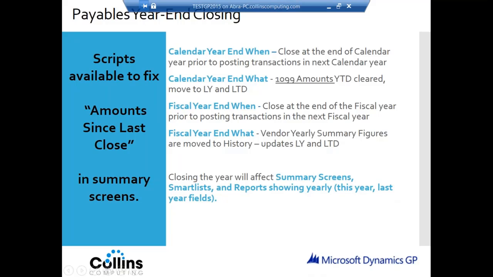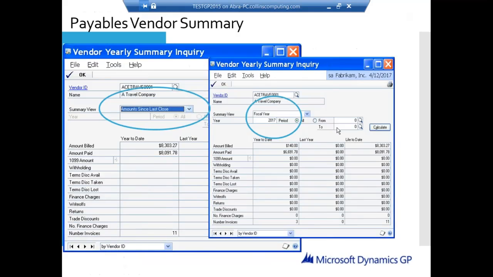So let's just talk about for 1 minute, when you close your year end in payables, the calendar year-end close only moves the 1099 amounts, and I'll show you what I'm talking about. The fiscal year-end option closes all the rest of the figures. So let me show you the screen.